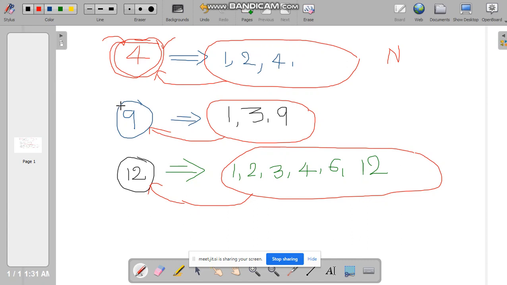Yes or no? If here 9 is there, the maximum number is 9 only. If here 12 is there, the maximum number is 12 only. Before that, numbers are there, but after, no. If you give an answer after the number, then your answer is wrong. Am I right? Yes. Now, these are the factors of a number.